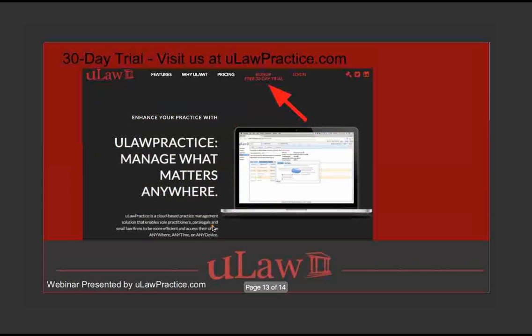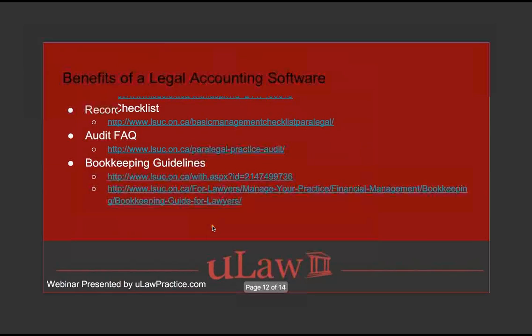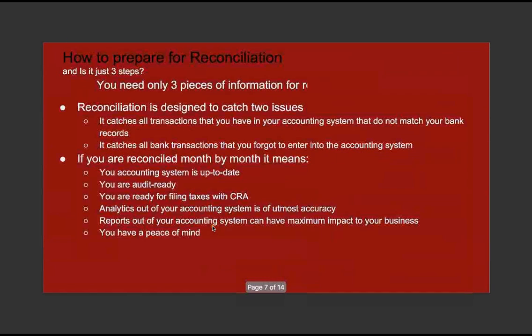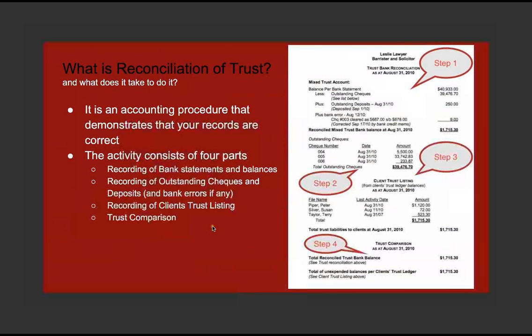Before I go, I'm going to quickly summarize reconciliation for people who joined late. Trust reconciliation is a 4-step process. First step is listing what you have in the bank: the bank statement, outstanding deposits, outstanding checks, errors, and then you either add them or subtract them, and that's your balance.